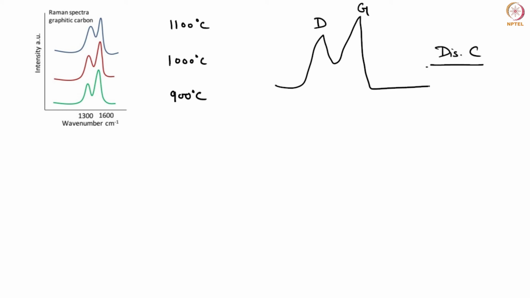So now one standard method for finding out the change in the graphitic content is to divide the intensity ratios of these peaks. So ID by IG. You can also do it the other way around, IG by ID. But you should know that when you write D, this is for the D peak, and G is for the G peak.